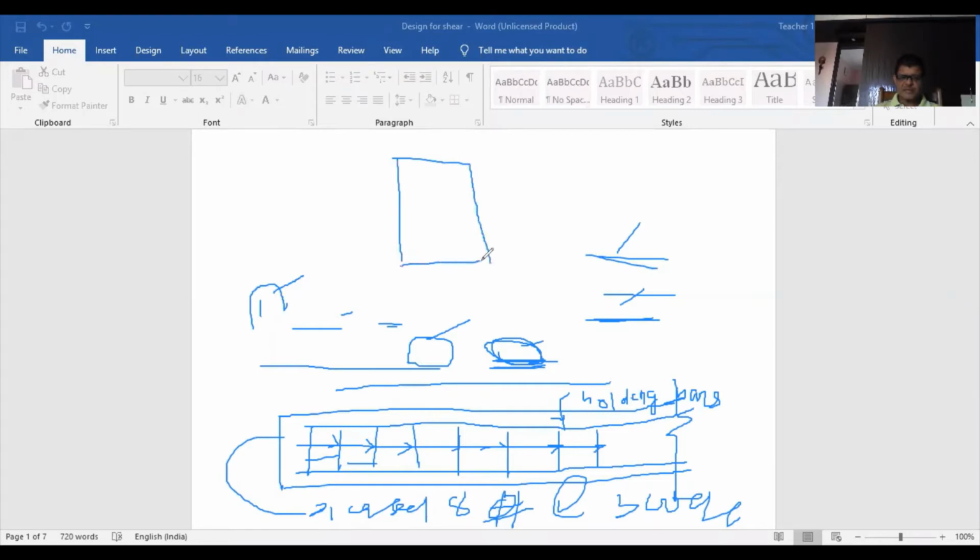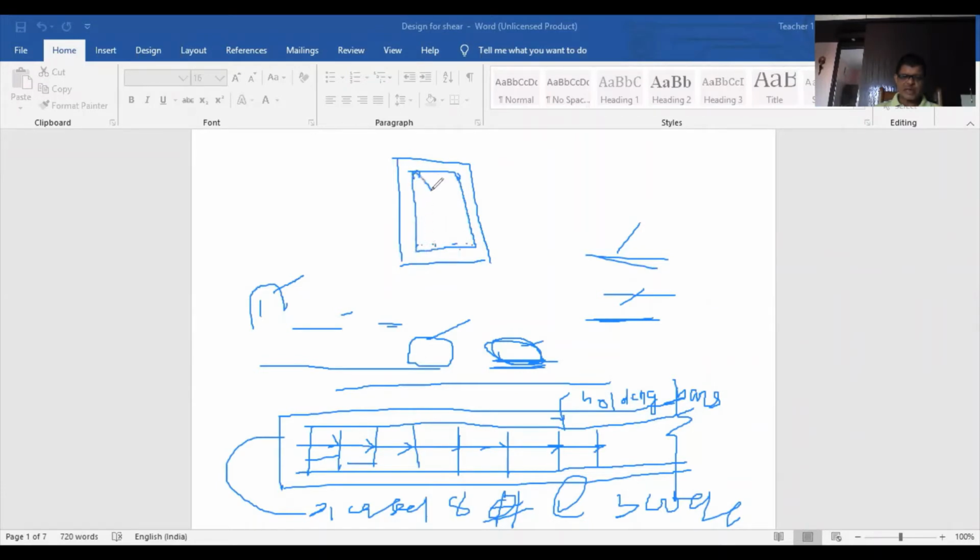Now you have the number of bars here, 4, 5, whatever, the main bars. Then there will be 2 bars here, at the top corners. Now the shear stirrup will go around all these bars like this. So this is a 2-leg stirrup.